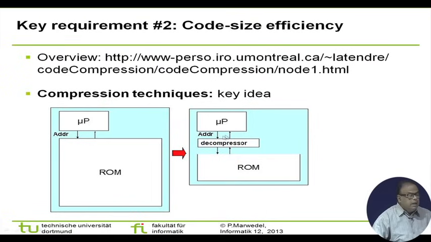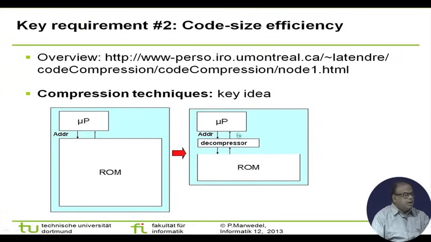One of the good examples of showing it is this: if I can compress the code, obviously my ROM size becomes less. As soon as my ROM size becomes less, my address width becomes less.